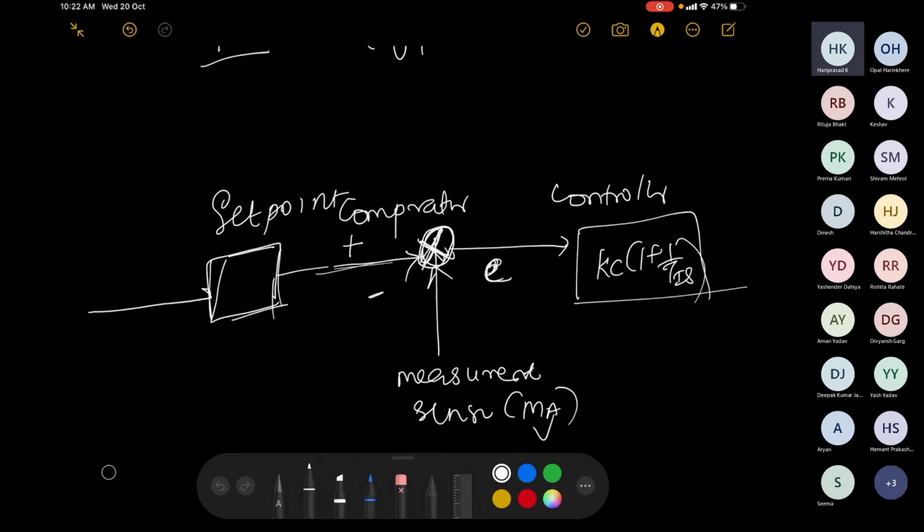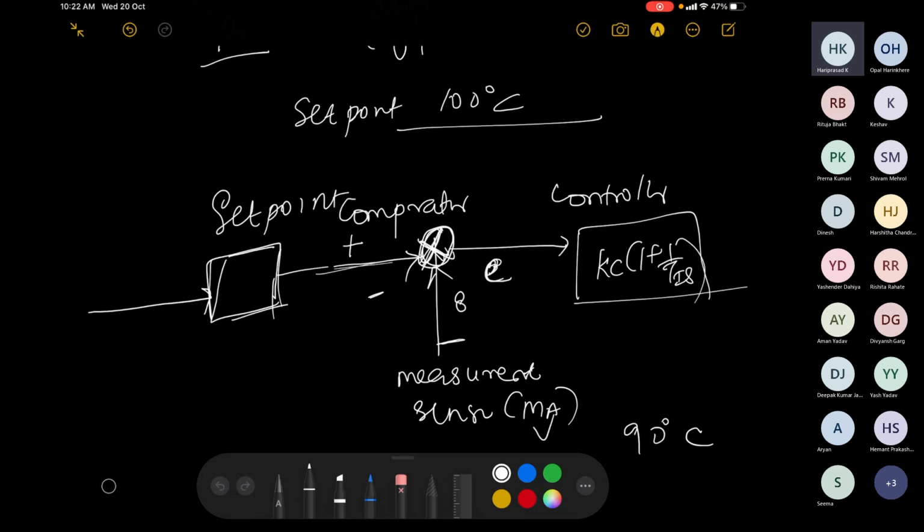So let's say your target set point is 100 degrees C, assuming you are doing a temperature controller. Definitely this is a signal which is equivalent to some temperature. Let's say the measured temperature is 90 degrees C. So maybe this is like 8 milliamps as the signal coming in, and you wanted to compare it with 100 degrees C. There is a calibration mismatch.